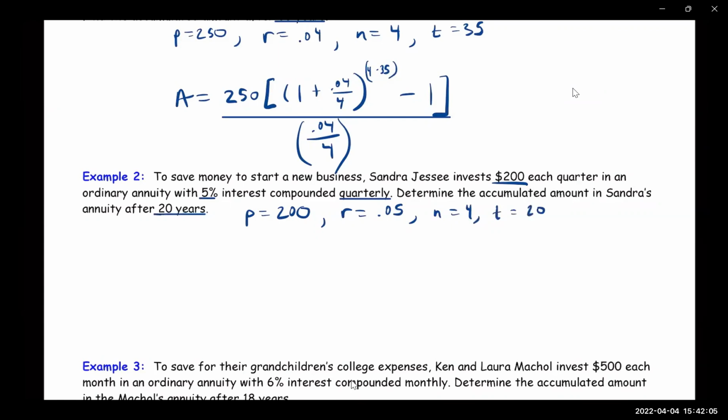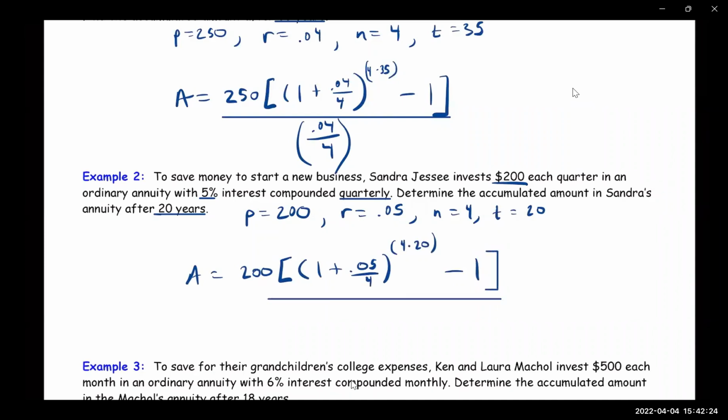All right, let's practice by going ahead and trying this on your calculators. Let me know what you get. Okay, it's going to be 200, and then it's going to be 1 plus 0.05, sorry, I was looking at the wrong thing, 0.05 divided by 4.